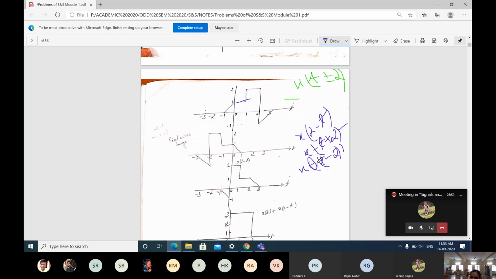I finished the reflection. Then I am left with the shift operation. What is the t naught value here? T naught is the plus 2 value, right? So what can I do? Shift the signal. How many positions do I have to shift? 2 positions based on the t naught value.